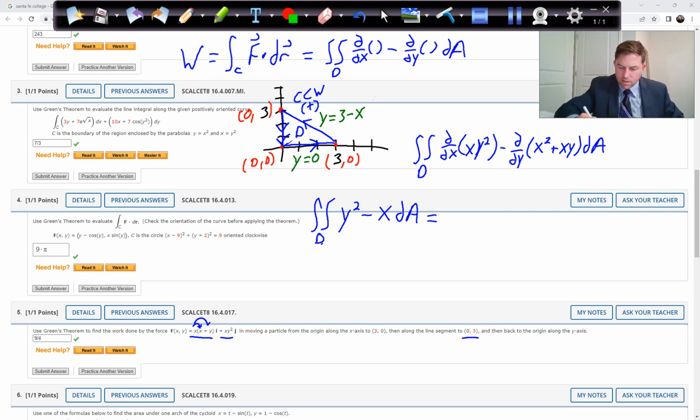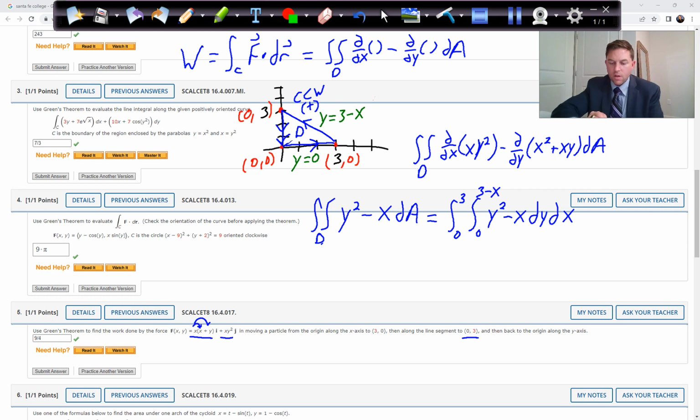So this is equal to, x is just going to go from 0 to 3, y is going to go from 0 to 3 minus x, bottom curve to top curve, and then we have y squared minus x, and we're doing y first and then x. The antiderivative of y squared with respect to y is y cubed over 3, minus the antiderivative of x with respect to y, which would be xy.